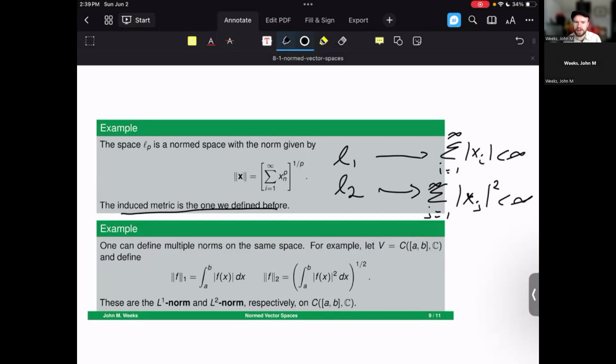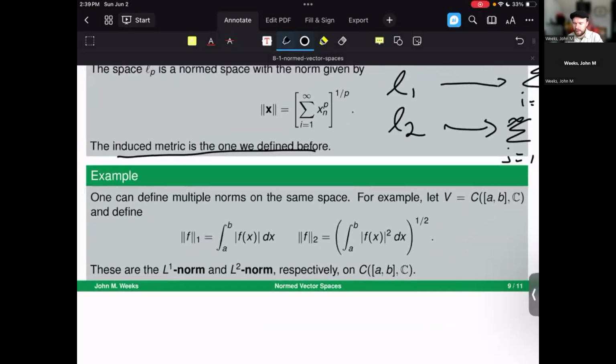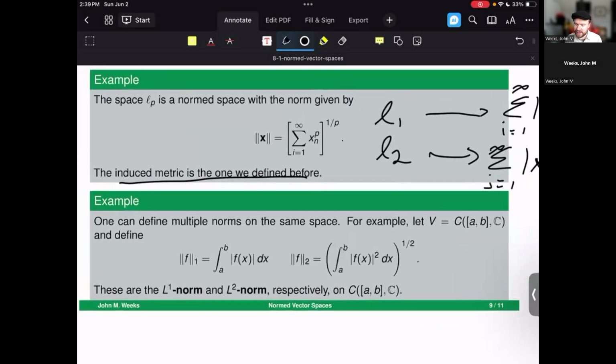Little l^p in particular, and these big L^p spaces that we have in this example underneath, look at functions and integrate rather than sum. Then for these vectors, functions from closed intervals [a, b] to complex numbers, the values here for the norms of these functions are also norms on this space of continuous functions.